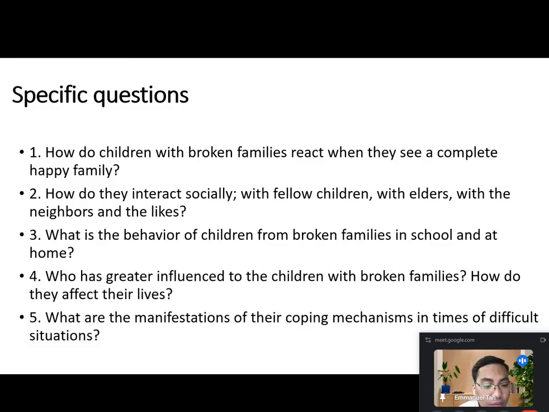Now, pag na-identify nyo na po yung inyong research problem, then it's easy for you to formulate your general question, and from the general question, step down to specific questions. So at least 4 to 6 specific questions.